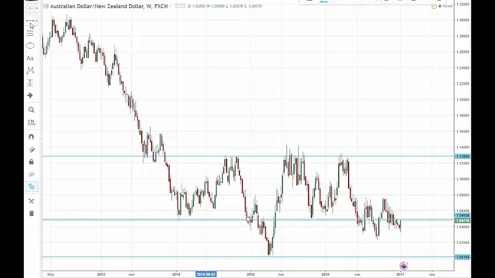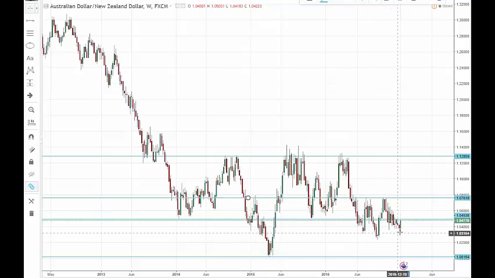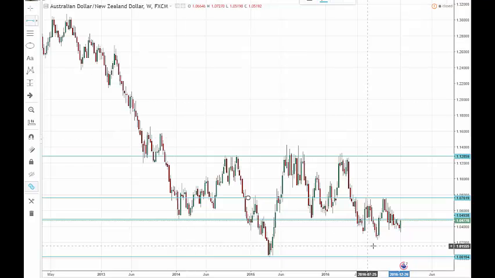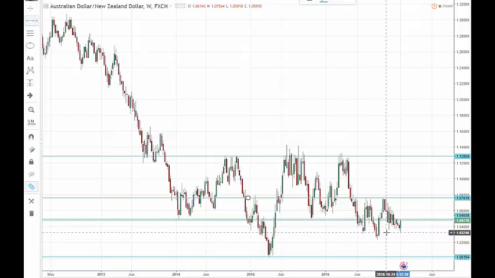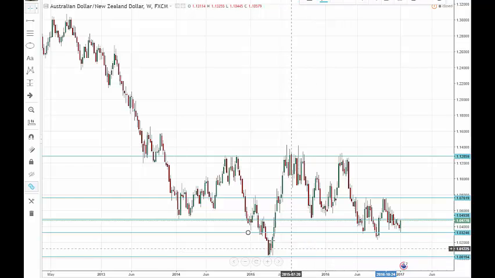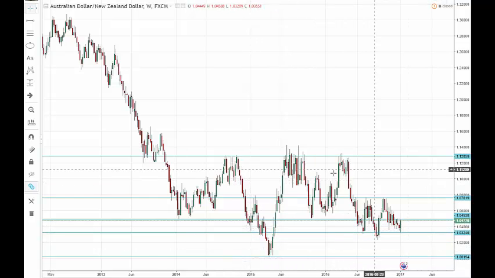I see another one that I want to draw on here, and that's this one, I think, for now, because price didn't go through here. And this is another one I'm going to draw on for now, because it's pretty obvious price struggled over here, over here, over here. So that's on the weekly.